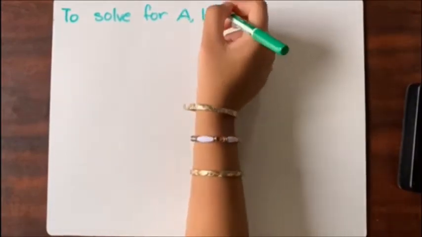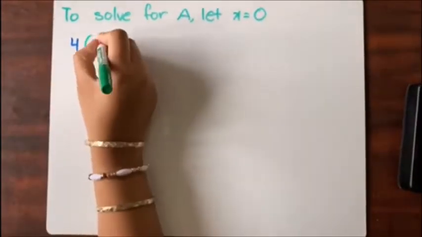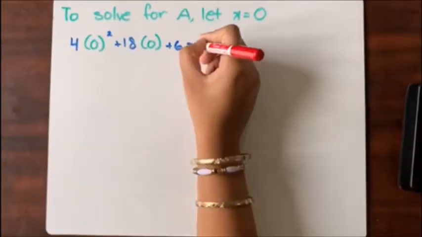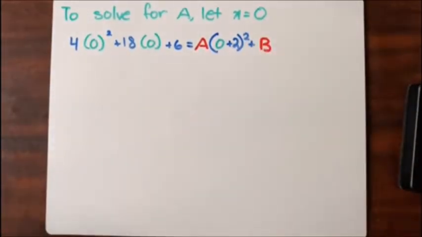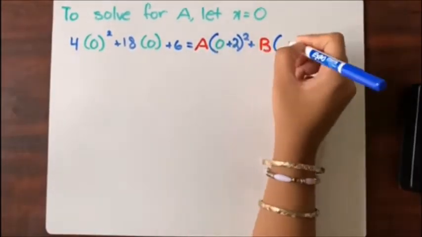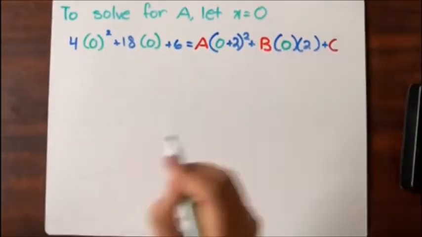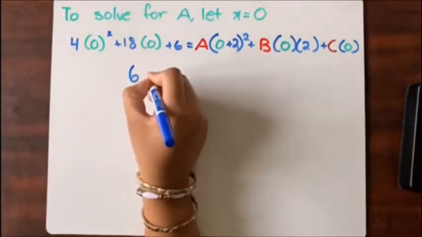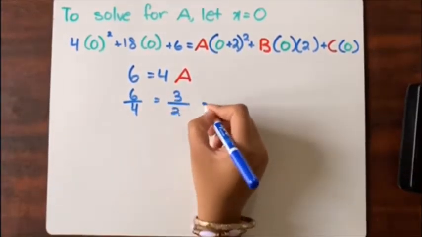To solve for a, let x equal 0. This eliminates the b and c terms. After we plug in 0, we end up with the value for a, so a equals 3/2.